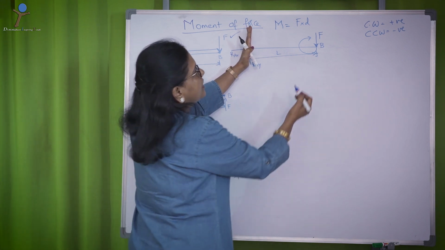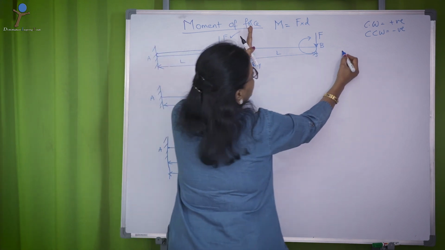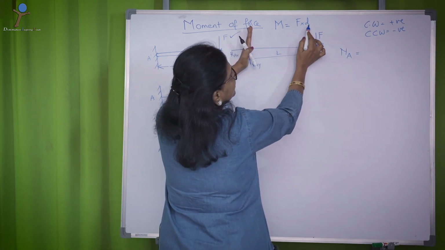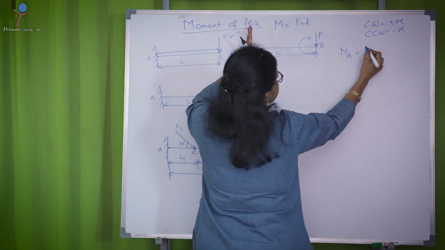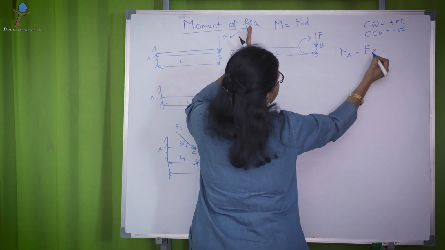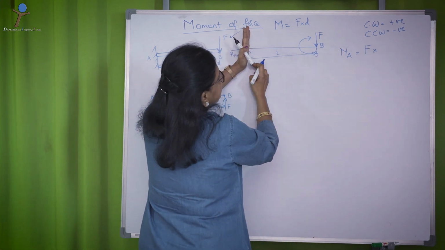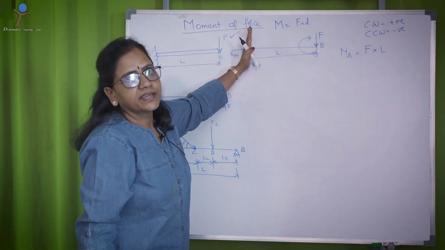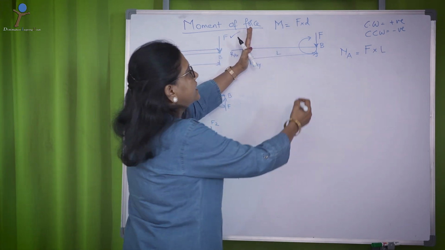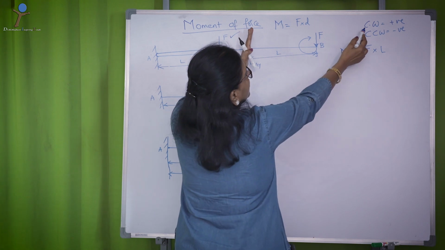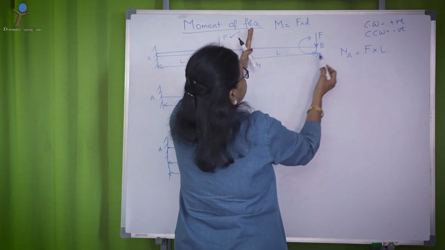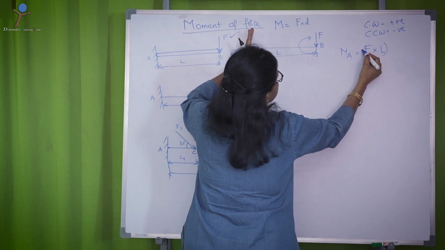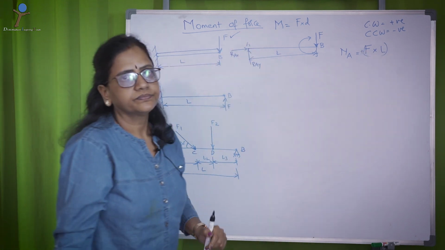That means the moment about A is, as I said, product of force and distance. The force is F multiplied by the distance L. The next immediate thing is the sign convention. As I said, if the moment is clockwise, consider it as positive. So, this is a clockwise movement. Therefore, this becomes positive.